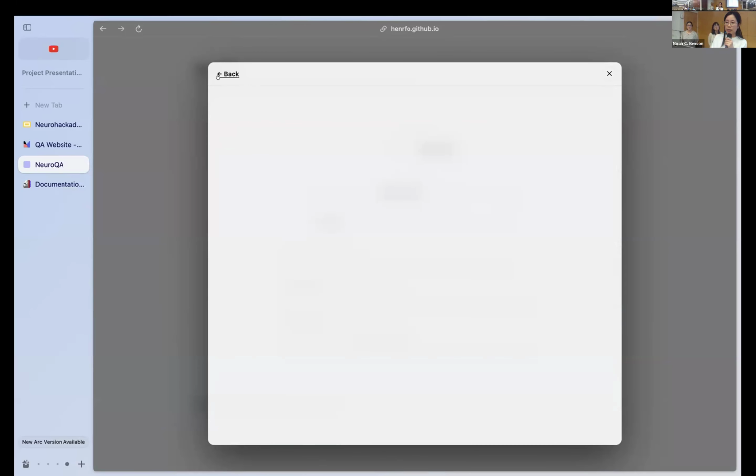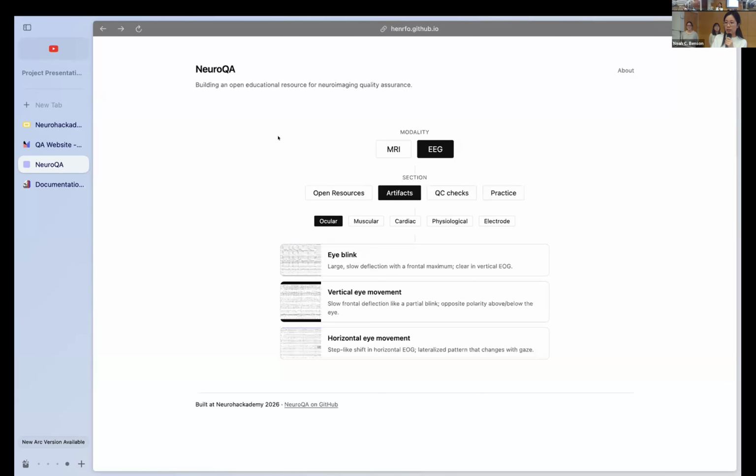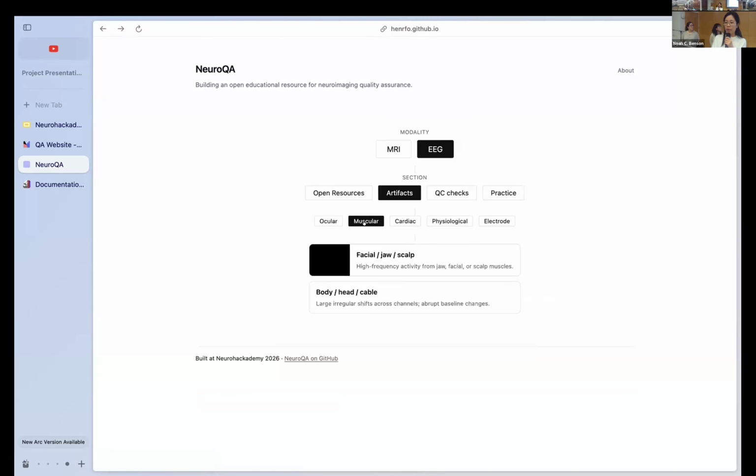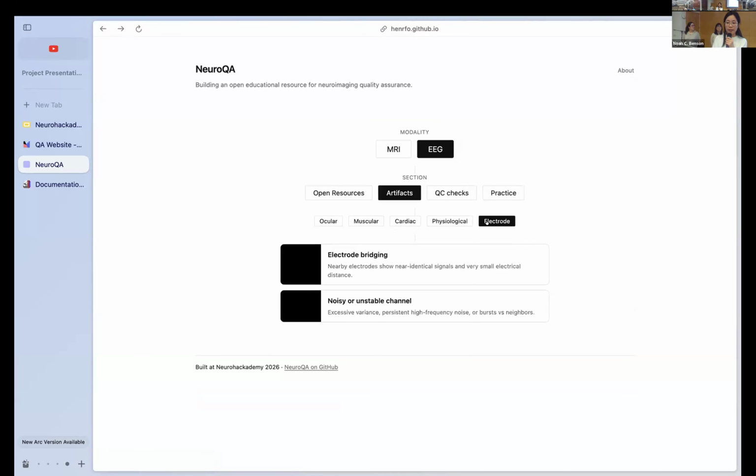Besides the ocular module, which has eye blink, vertical eye movement, and horizontal eye movement, we have the muscular part, where we provide two common artifacts in EEG, and we also have more artifacts like electrode bridging and noisy or unstable channels. We want to provide not only suggestions for data analysis, but also some suggestions before you do the data collection.